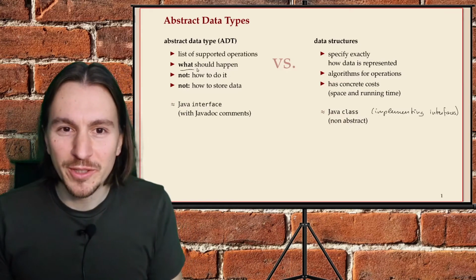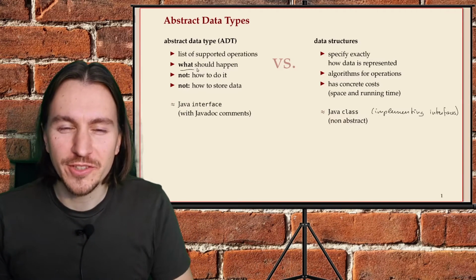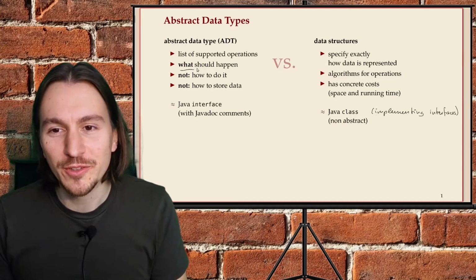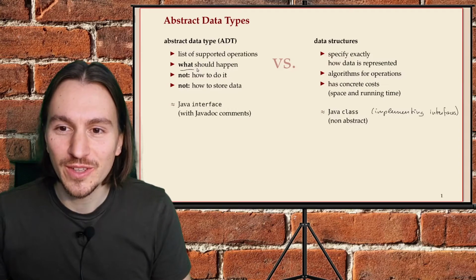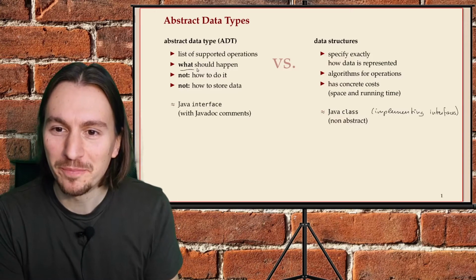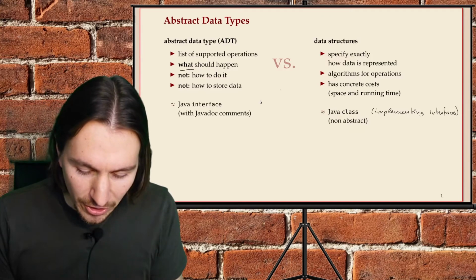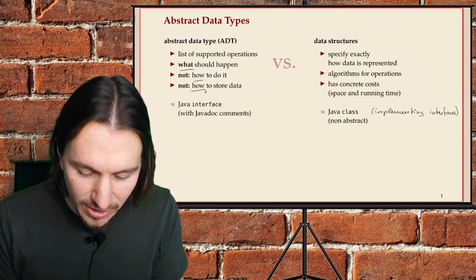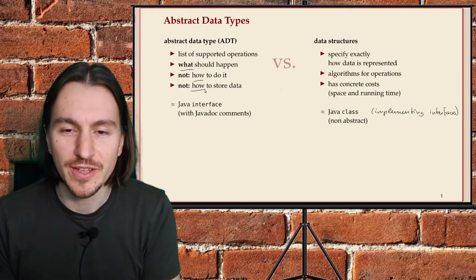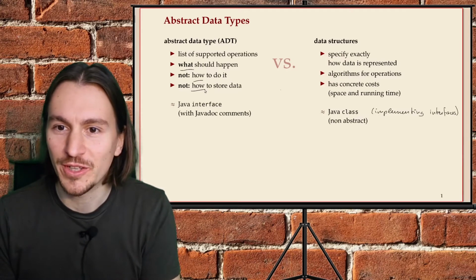So you want a little bit of a clear description. It can be natural language as usual. If we're doing this for humans, it can also be a little more formal than that. What it does not specify is how to implement the operations, and it also doesn't say how to store data that is associated with a certain data structure.